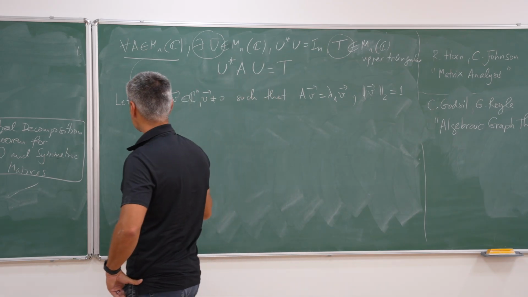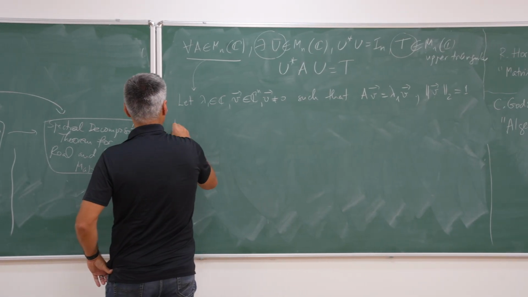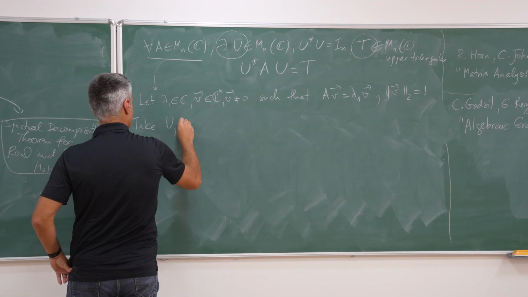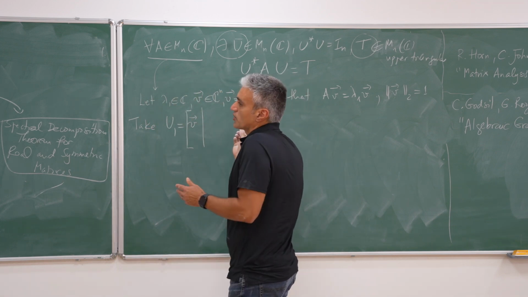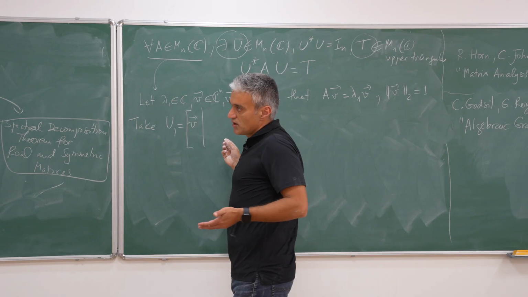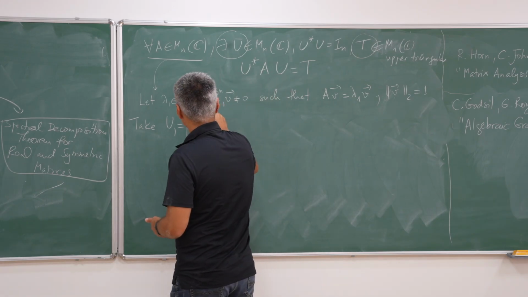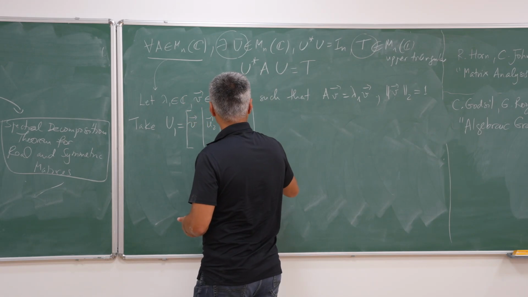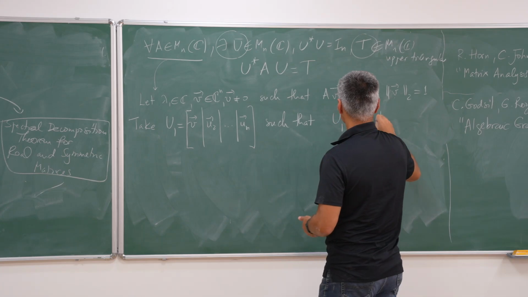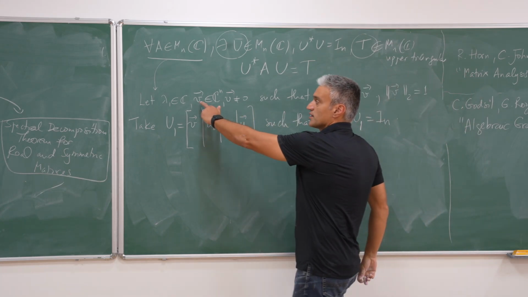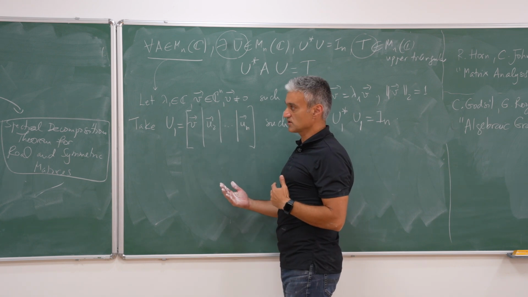So let's attempt our first try at U. We take U1, a matrix where you put V in the first column, and you don't know what to fill it up with, because you don't know if you'll have eigenvectors, but you know for sure that you can do Gram-Schmidt and fill it up with some vectors U2, ..., Un, such that U1 star U1 is the identity. So you get to start with one vector V1, since every complex matrix has at least one eigenvalue and one eigenvector. Okay, so you start with that.